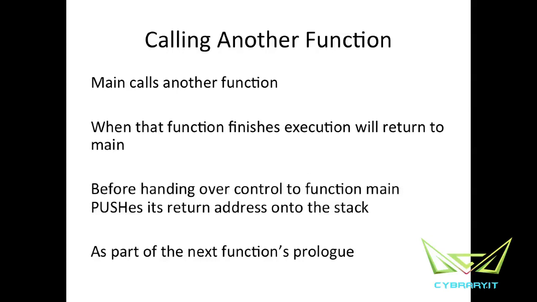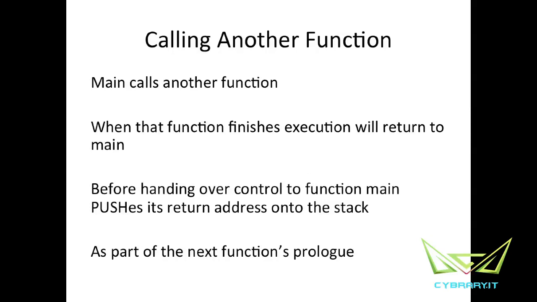But for x86, how this is done is when another function is called, before the stack frame for the new function is pushed onto the stack, well, is wound onto the stack, it's a little bit different than just push, push, push, push. We can actually look at the assembly for that. It basically subtracts from ESP, because we want to move to lower memory, to make some new space.